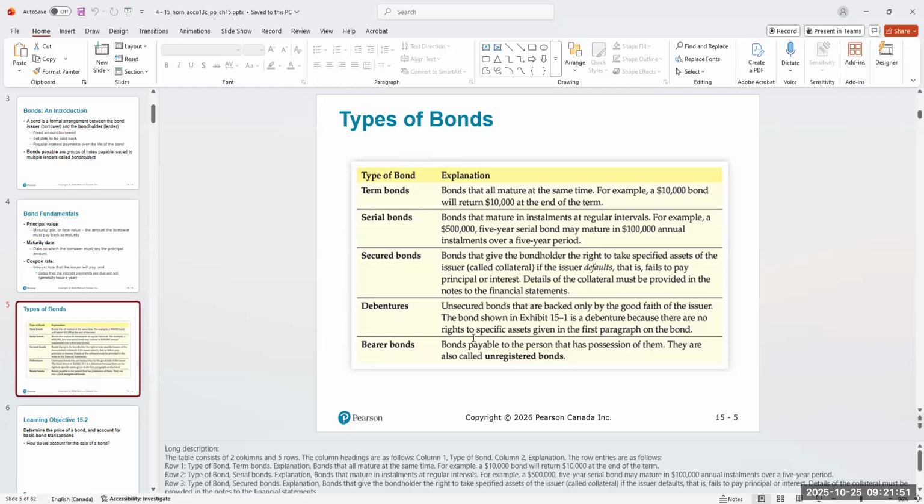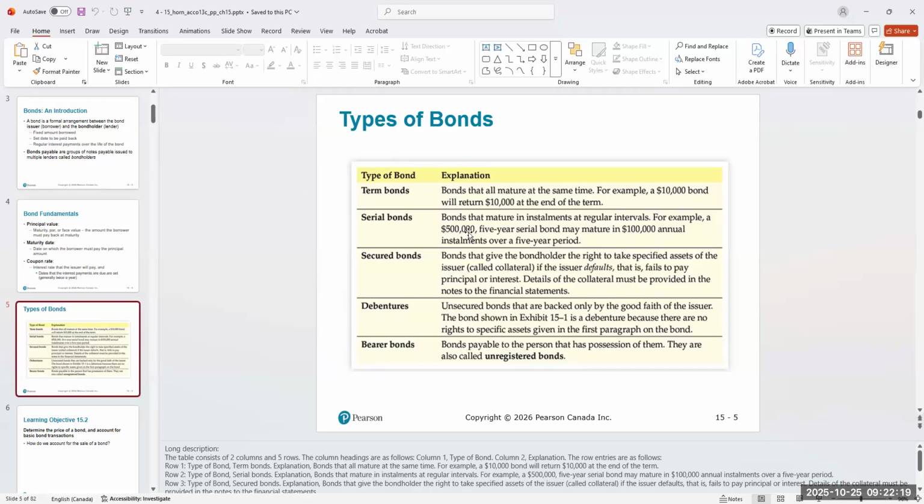Serial bonds are the next type of bonds, the bonds that mature in installments at regular intervals. What that means is in the first year, some of the bonds expire, and you have to pay the principal. The second year, some of the bonds expire, and you have to pay the principal, until the entire bonds expire.